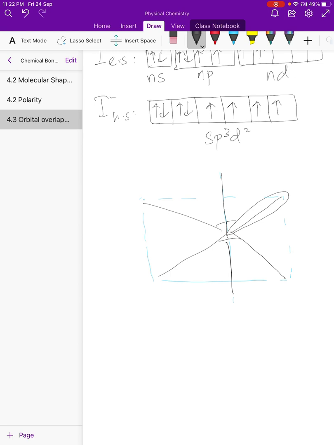So we start to draw the first one here, the second one here, the third one here, the fourth one here, the fifth one here, and this is the sixth one.